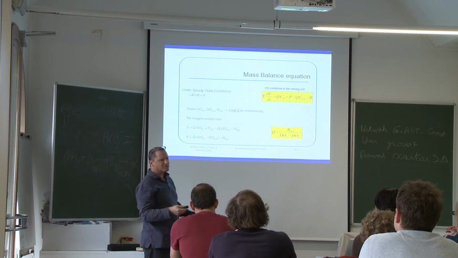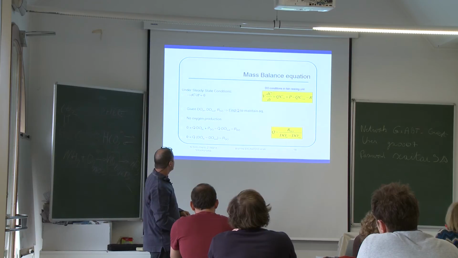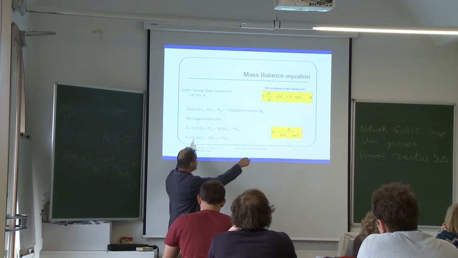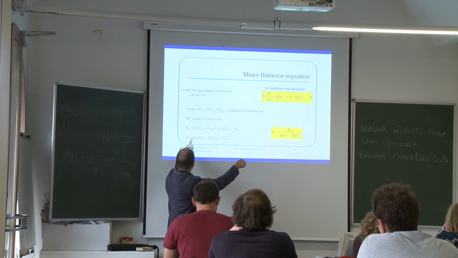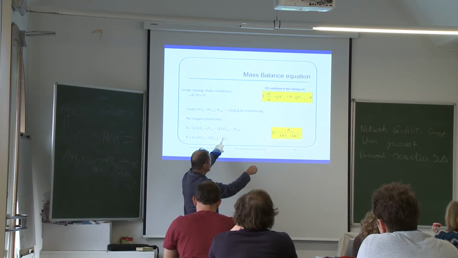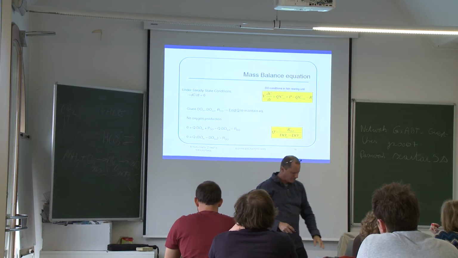Because there is no production of oxygen in this case, production is also zero. So that's an easy equation to solve, but it turns into Q equals the removal of dissolved oxygen over the difference between whatever gets in and whatever gets out.